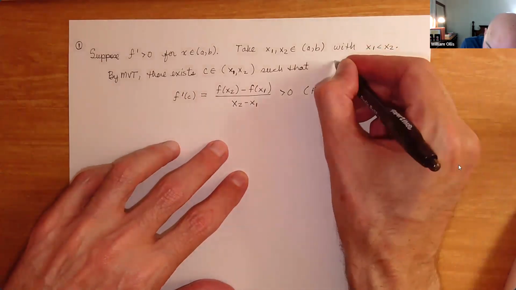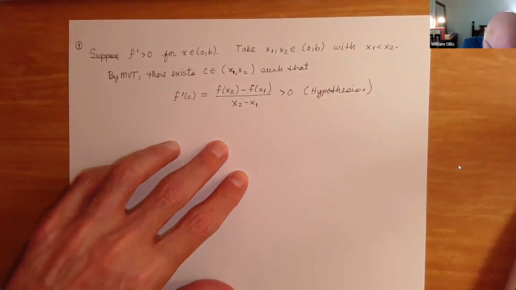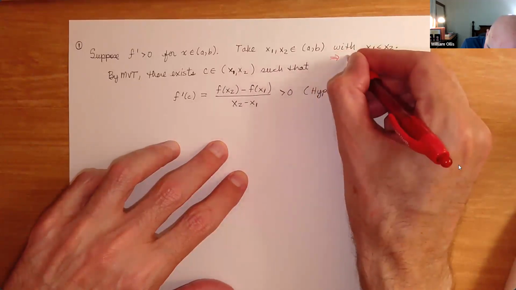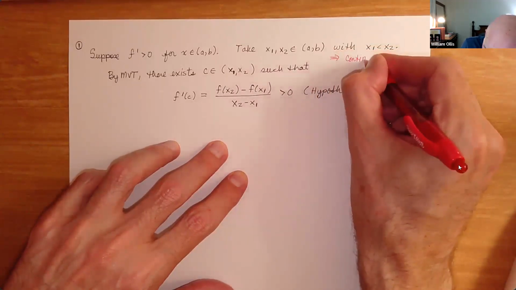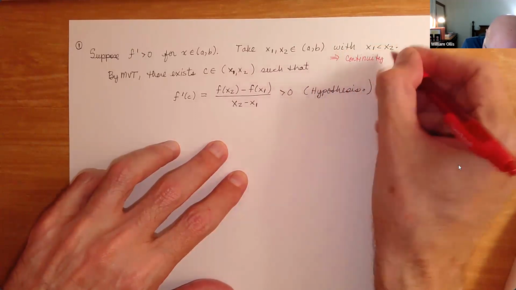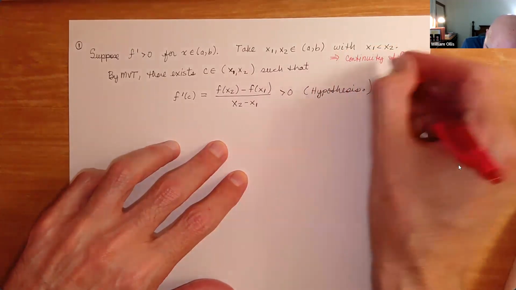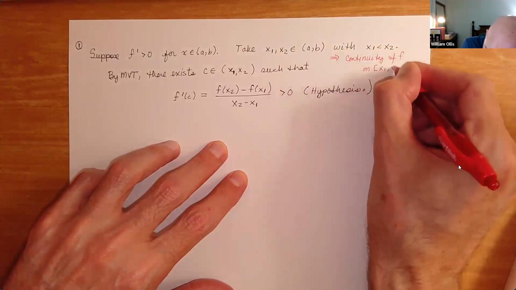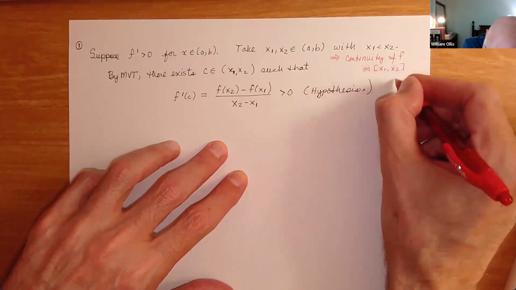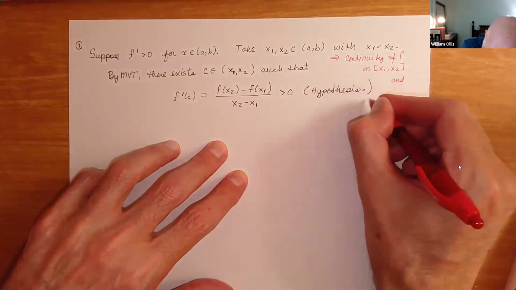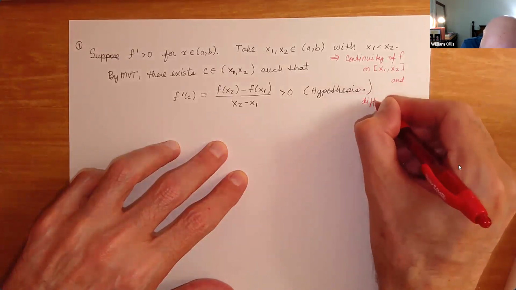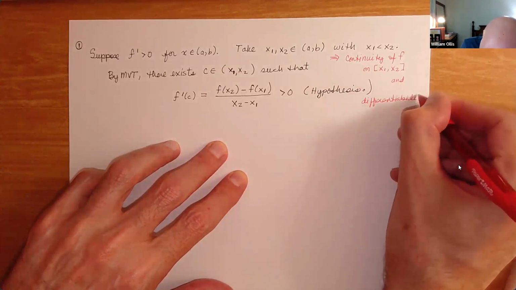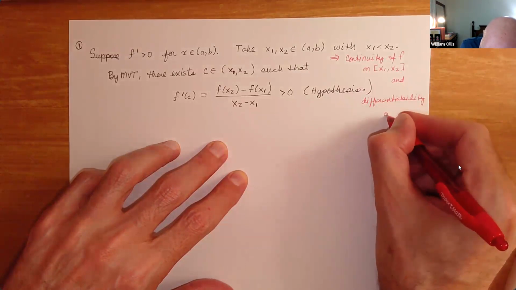So what this gives us, and I'll put this in red because this is very important, this gives us continuity of f on the closed set and differentiability on the open set.